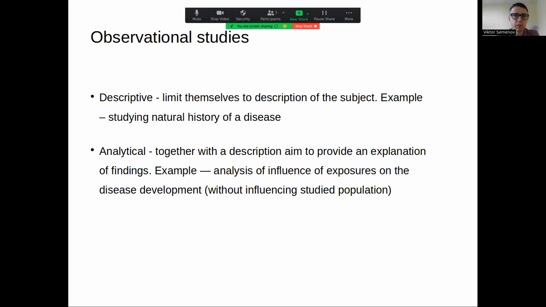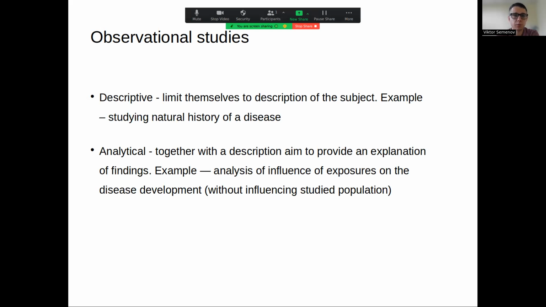So, observational studies. Observational studies, as goes from their name, deal with the observation of some phenomena. So it means that there is no manipulation with the study object.